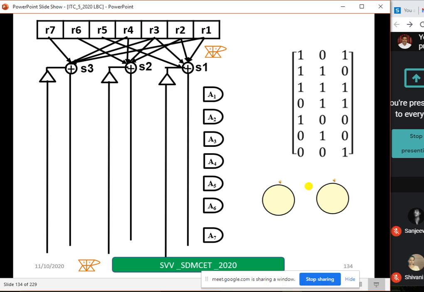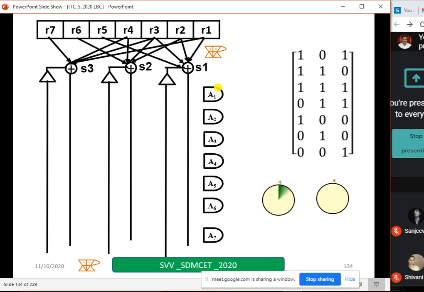How many do I have to draw, sir? Such a question may come to your mind. Count the number of rows in H transpose, and draw that many AND gates. If I have H transpose with 6 rows, I have to draw 6. If I have 7, I have to draw 7.